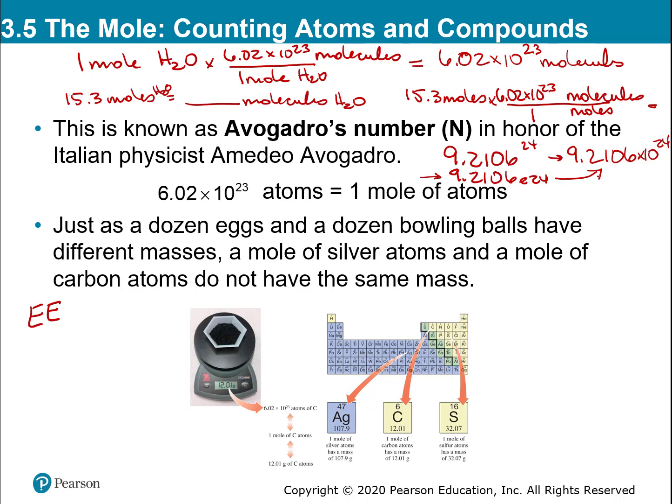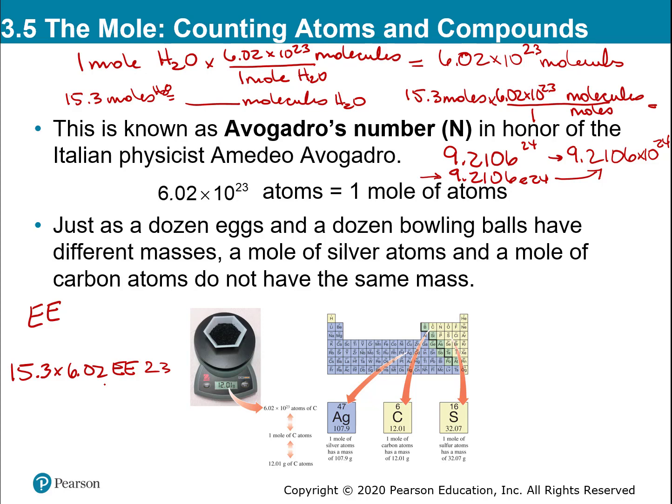No, not E first, just 15.3 times 6.02 EE 23. So you put the EE where the times 10 to the is. So I would say 15.3 times 6.02, then I would hit the EE button and then the 23, not 24, Holly, come on, 23. That's the order that I would put it in, okay? I would actually put it in my calculator that way.